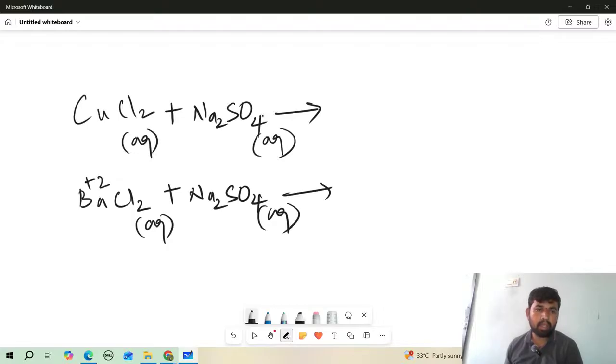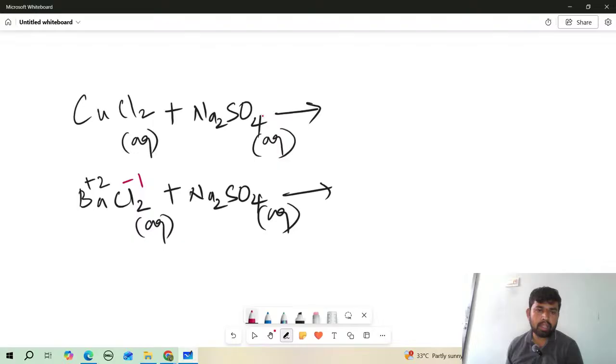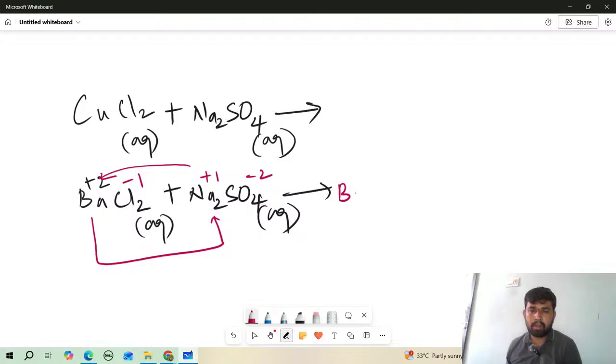Barium will form barium plus 2, and chlorine will form chloride minus, and sodium will be sodium plus 1, sulfate will be minus 2. Now we know very well barium will replace the sodium, and sodium will replace the barium. Now we can say the result will be BaSO4 plus NaCl.